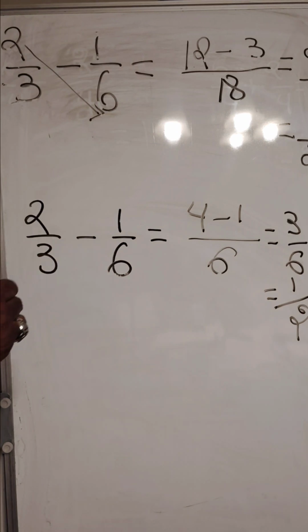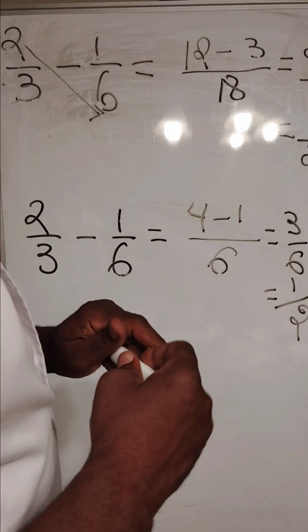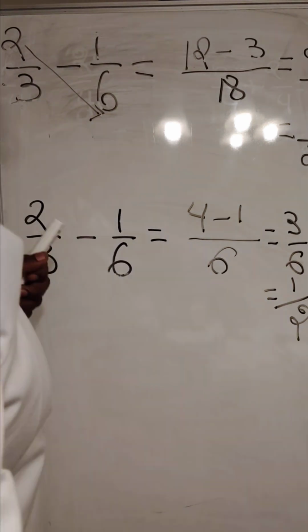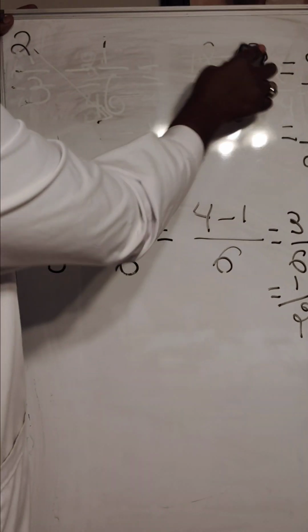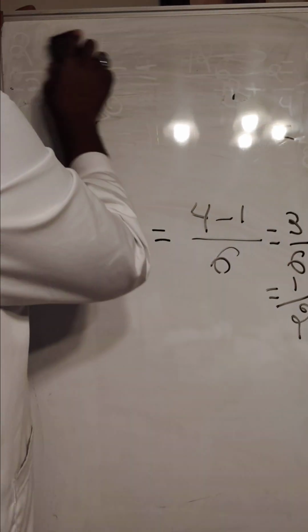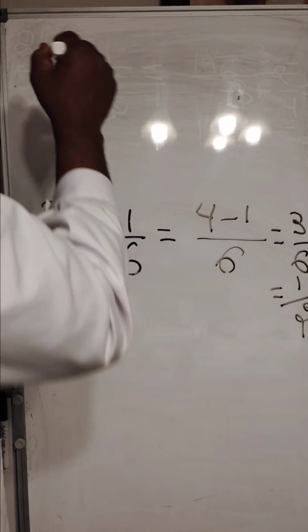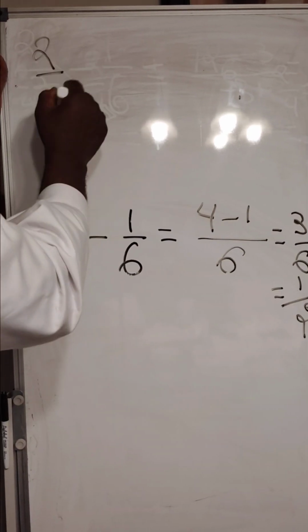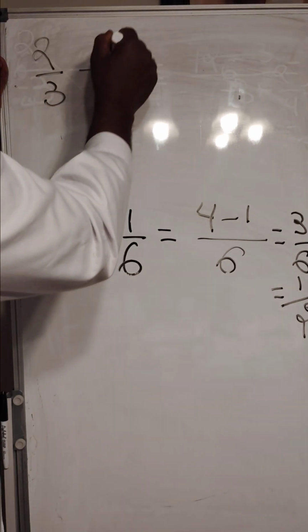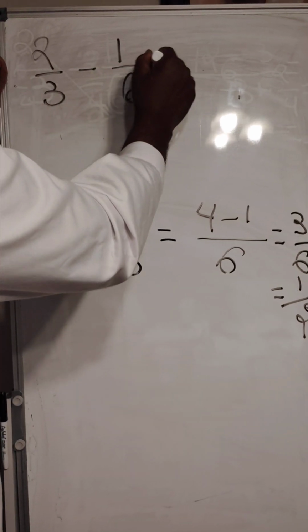All right? Now, let's show you the third way to solve this. As I said, you learn which one is the best for you and stick with it. So we have 2 over 3 minus 1 over 6.